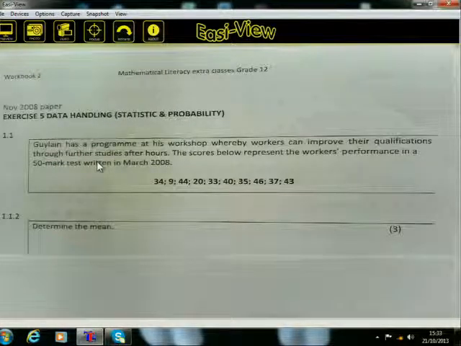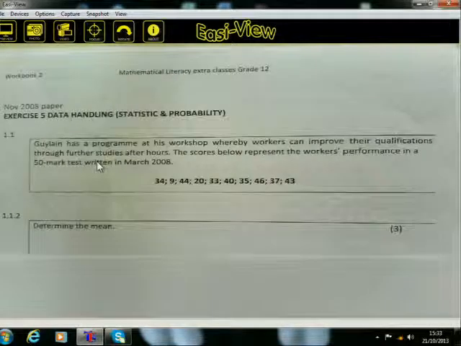To determine a mean, you will be helped by the data that is given to you in the scenario that we have just read. You can rearrange data, or you can just write it as it is. So let me show you how you are going to determine the mean.